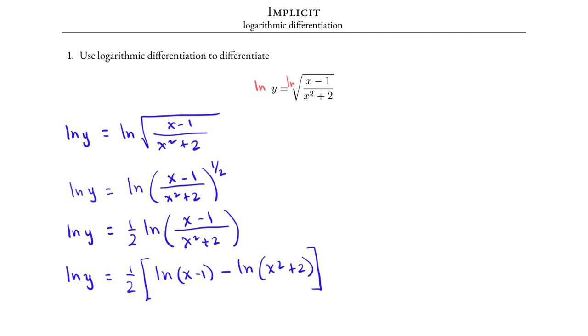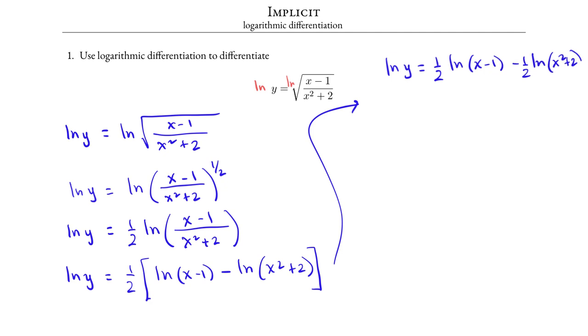We need the brackets there because we need to have a half of everything after. We then distribute 1/2 to get ln of y equals 1/2 ln of (x minus 1) minus 1/2 ln of (x squared plus 2).